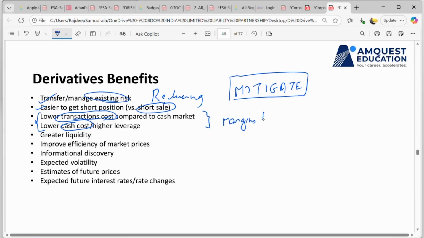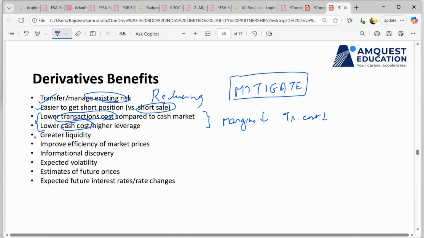So margins are low, and therefore the amount of transaction cost is also kept very low. So effectively, your purchase cost becomes very less. But this is also a danger, because if you're buying 100 shares by paying a lesser amount, remember your potential for gain is very high, obviously, but your potential for loss also is very high, right?